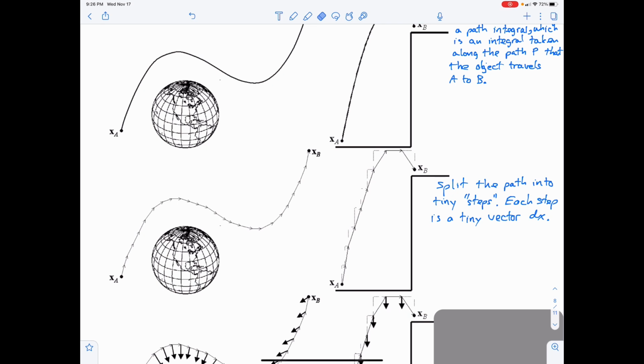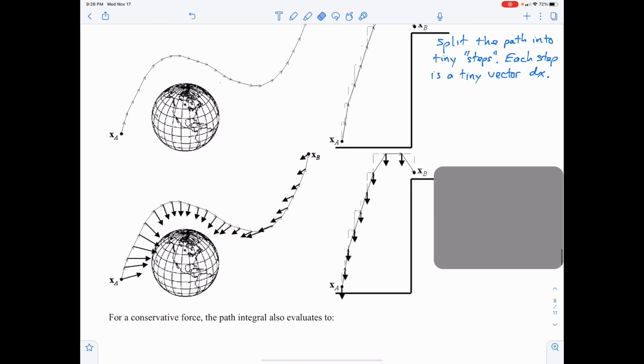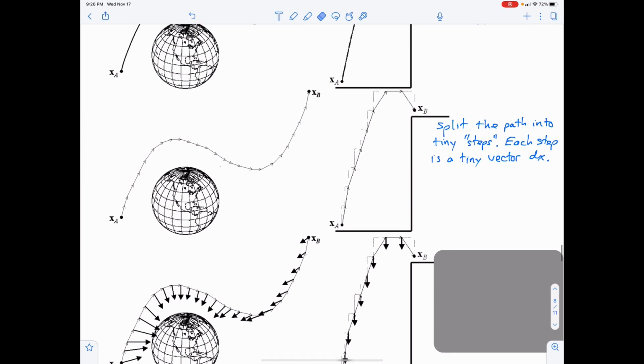Split the path into tiny steps. So notice we're splitting it into tiny rise over runs, little tiny steps, and little tiny pathways all along.